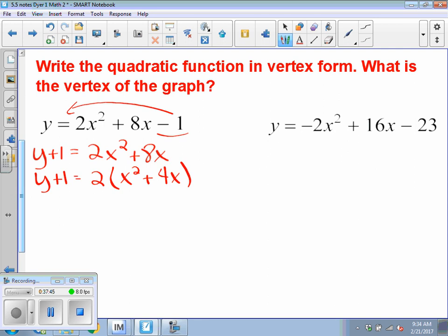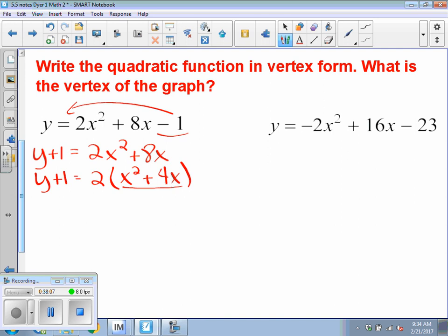Now you might ask yourself, I don't know how to complete the square with something in parentheses and something outside of the parentheses. Well, it's the same way. We're just going to complete the square with this. The rest of it we're not going to worry about right now. But still, the mathematical rules say if you're going to add something to one side, you have to add something to the other side.